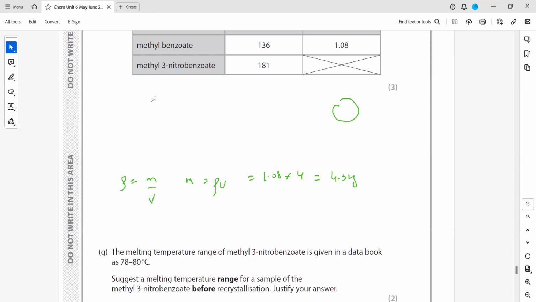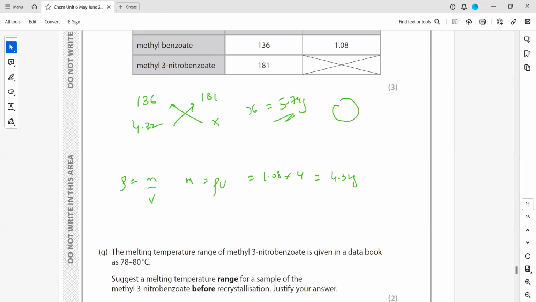As 1 mole is there, 136 is to 181. So 4.32 will be X, and this will give us the mass. We just cross multiply: 4.32 multiplied by 181 divided by 136. This will give us 5.74 grams.